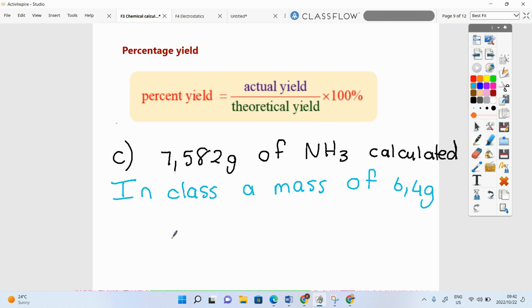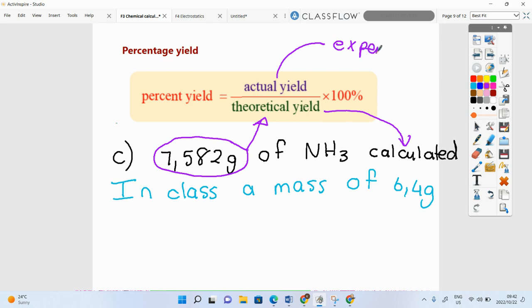What was he supposed to get? This is what he was supposed to get. That is the theoretical value. So the theoretical value is always what you calculate. The actual yield is what you got in the experiment, in real life.